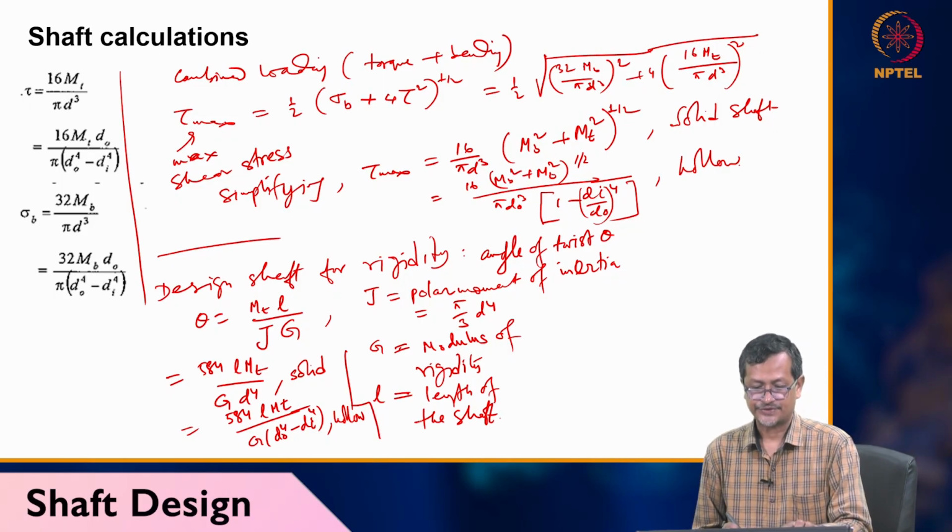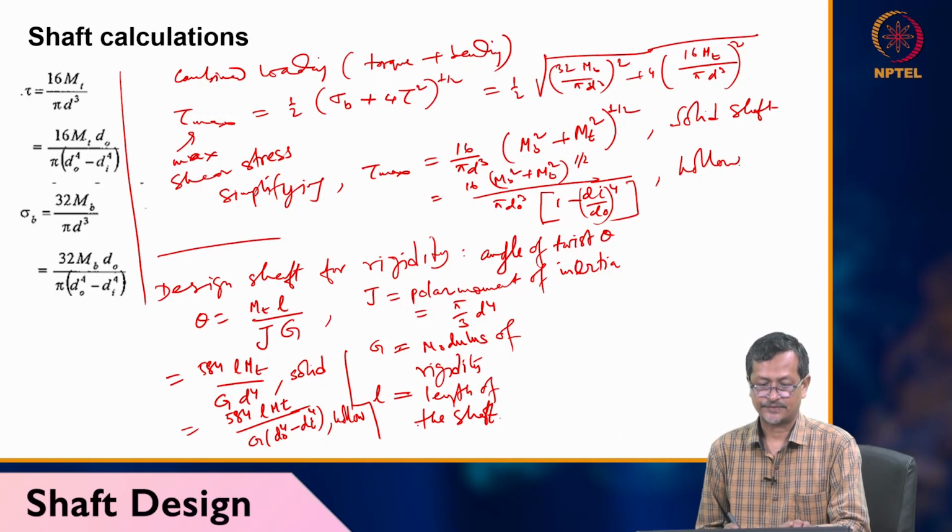When the permissible shear stress tau and allowable angle of twist theta are specified, the limiting length of the solid shaft is theta equals MTL / GD.